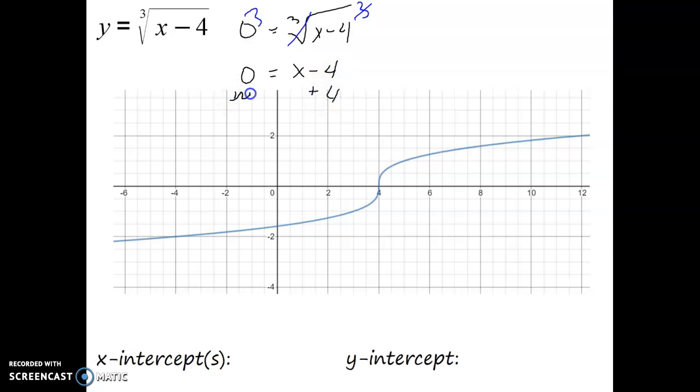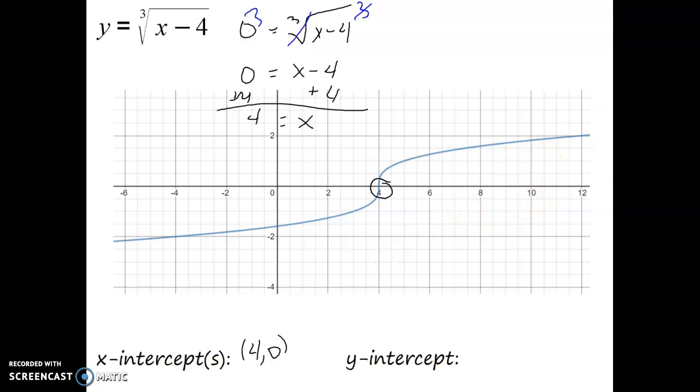Adding 4 on both sides, I get x equals 4. Well, since the technology graphed this for me, that matches up really nicely. Also, I shifted 4 places to the right, but sometimes I'm going to choose not to trust my graph. I'm always going to trust my algebra. Sometimes, because I'm a person, my graph can be off a little bit, and the same thing for you. Trust your algebra more than you trust your graph. So your x-intercept is the point (4, 0).